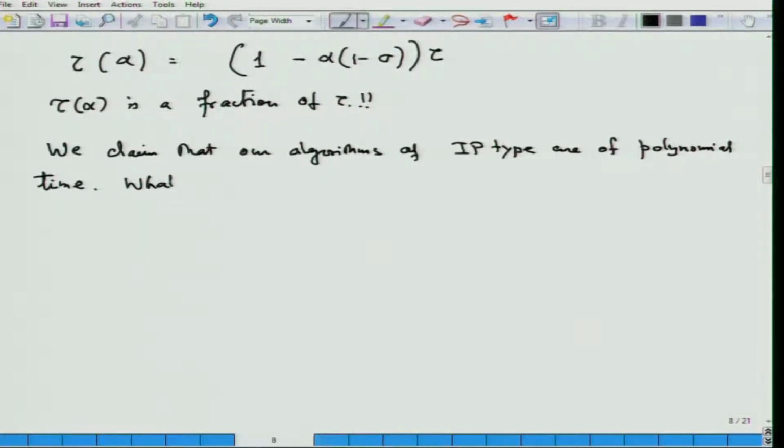What do we mean by this? This is something we really have to concentrate on now.